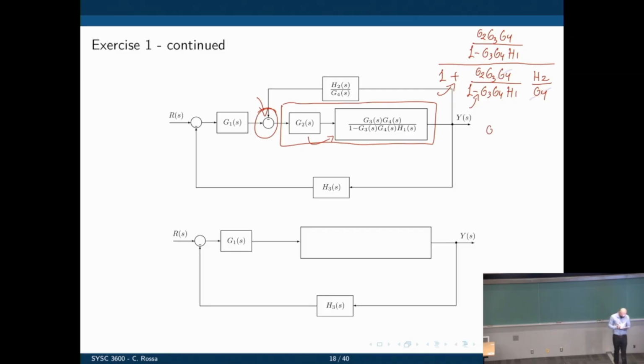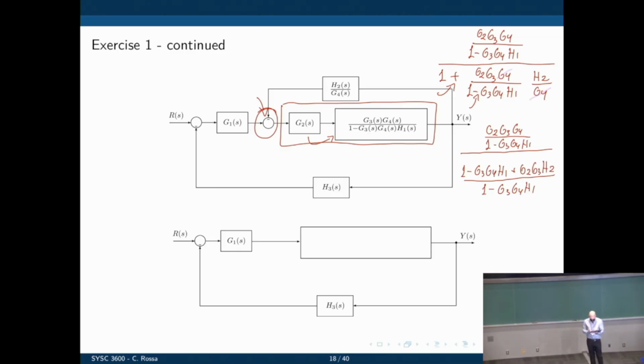And let's do that. G2 G3 G4 divided by 1 minus G3 G4 H1, divided by the common denominator here, which is 1 minus G3 G4 H1. That multiplies 1, so that is 1 minus G3 G4 H1 plus G2 G3 H2.